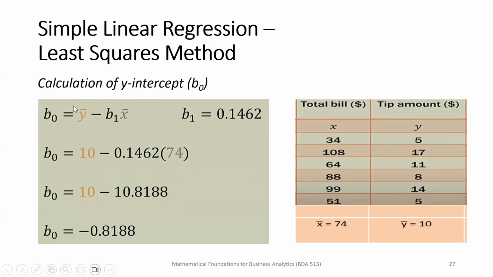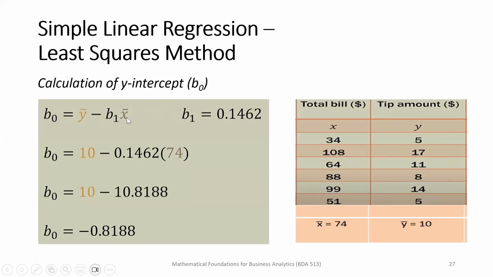B0 is equal to Y bar minus B1 times X bar. Do you follow that? And we had already calculated our B1 to be 0.1462. So we just plug it in here.